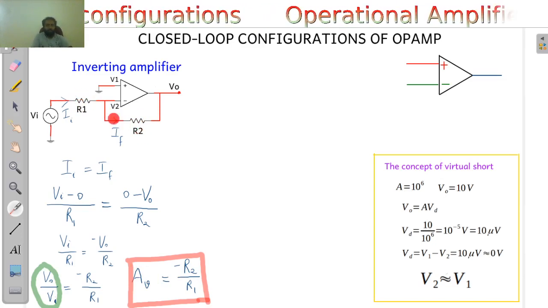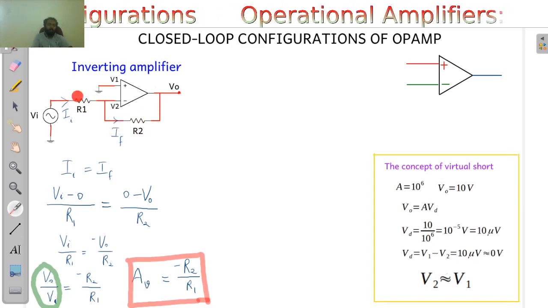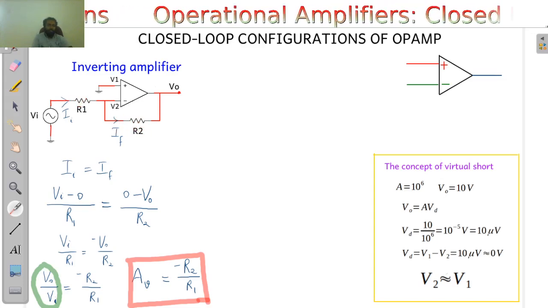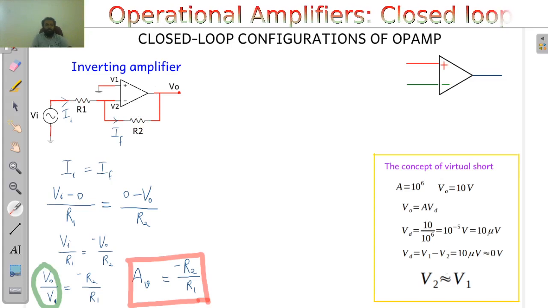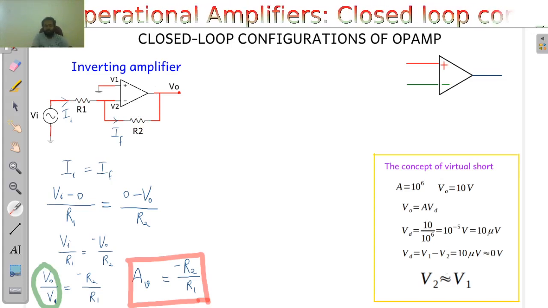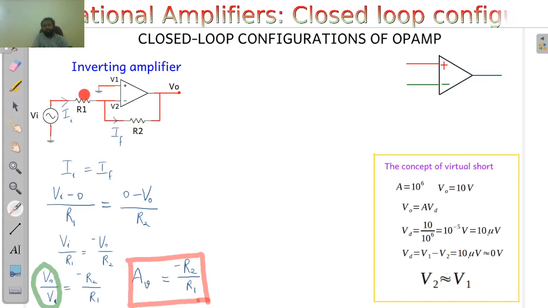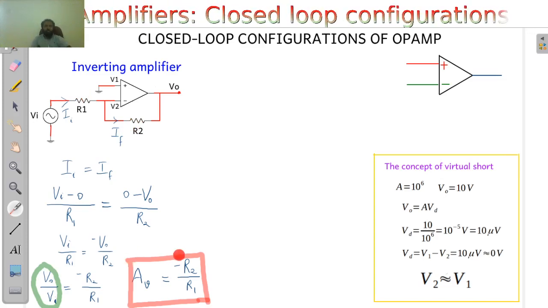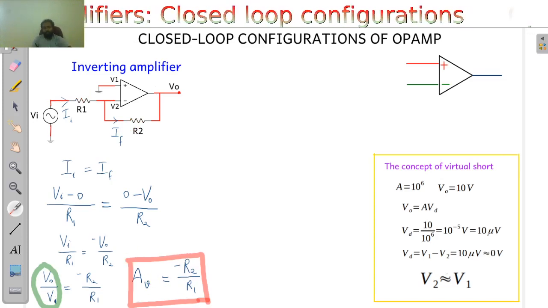So if I want to reduce the value of this feedback current and this input current, I can increase this resistance to 20 kilo ohm or 40 kilo ohm and so on, but the ratio should be the same. So that is how inverting amplifiers work.